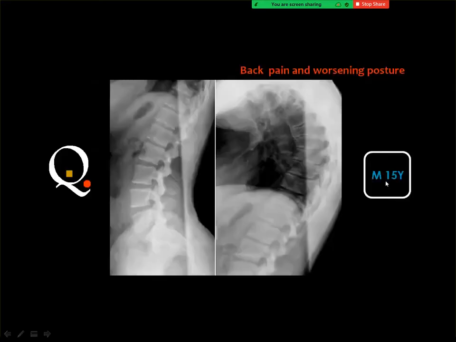This is a male child. It's not a child, let's say adolescent, 15 years old with back pain worsening by posture.